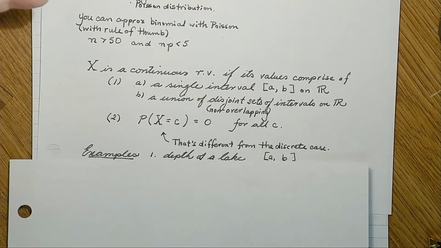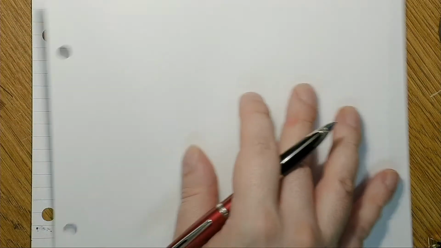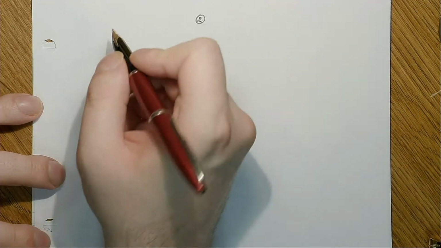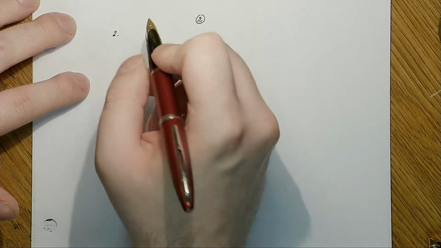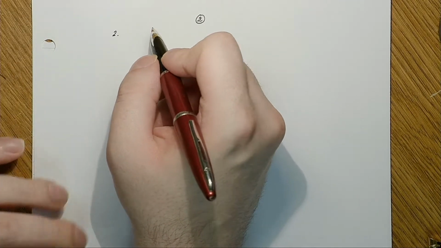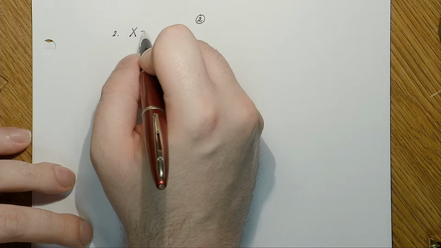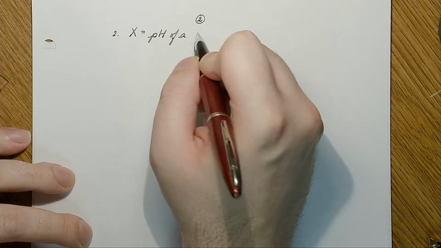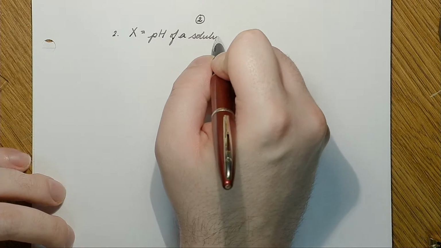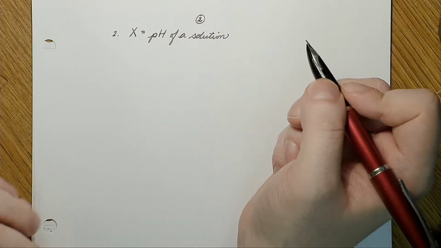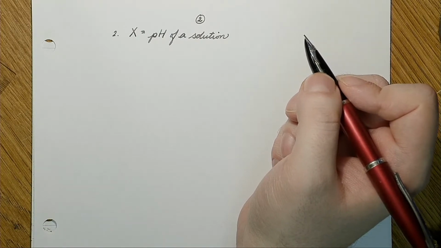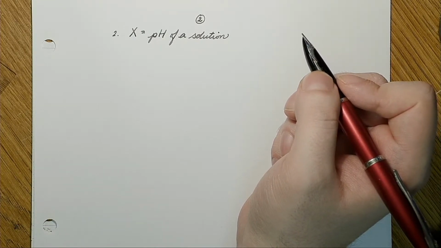So let's say number 2. Something that we might be a little bit more familiar with is the pH of a solution. pH is how many hydronium ions are in the solution.